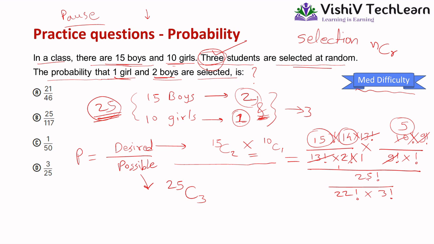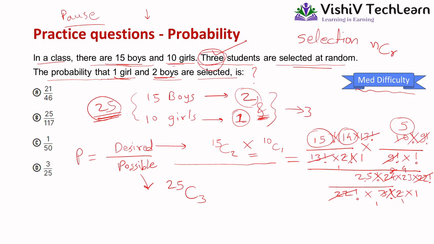In case of denominator, we have 25. So 25 into 24 into 23 into 22 factorial. So 22 factorial we can cancel. This 3 factorial can be 3 into 2 into 1. And here we can divide it. 3 ones are 3, 3 8s are 24. 2 ones are 2, 2 4s are 8.